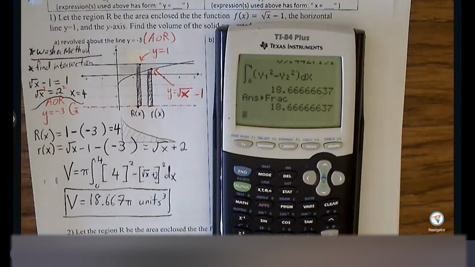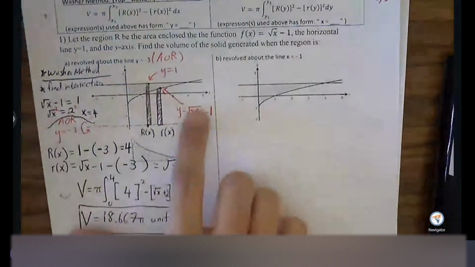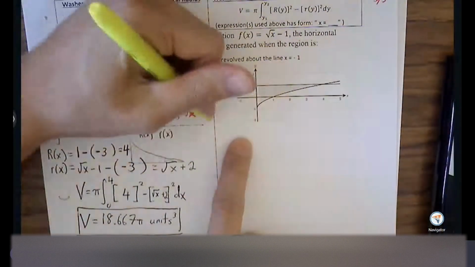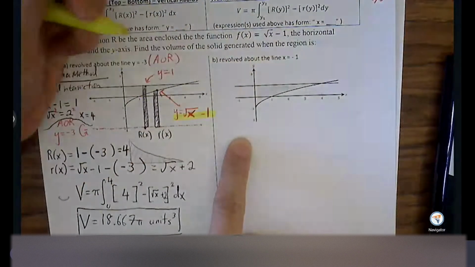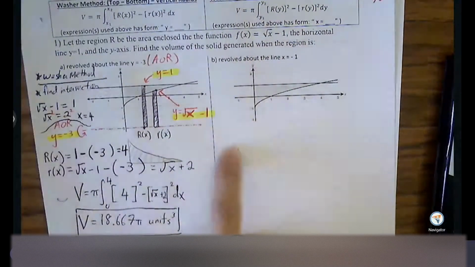Yeah, I just want to point something out here. Anytime you're dealing with washer method, you're always looking for 3 equations to insert into your radius formula. So we're always going to have 3 equations. So look at the ones that we used here. We used y equals root x minus 1. We used y equals 1, and we used y equals -3.